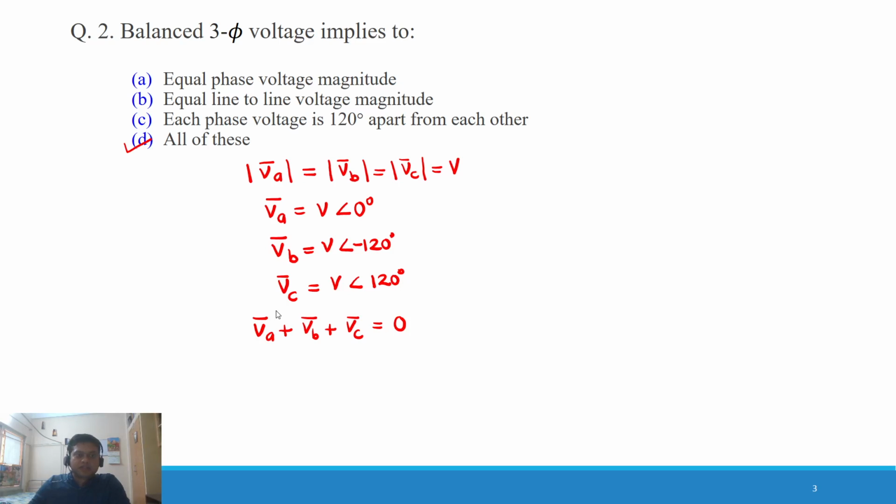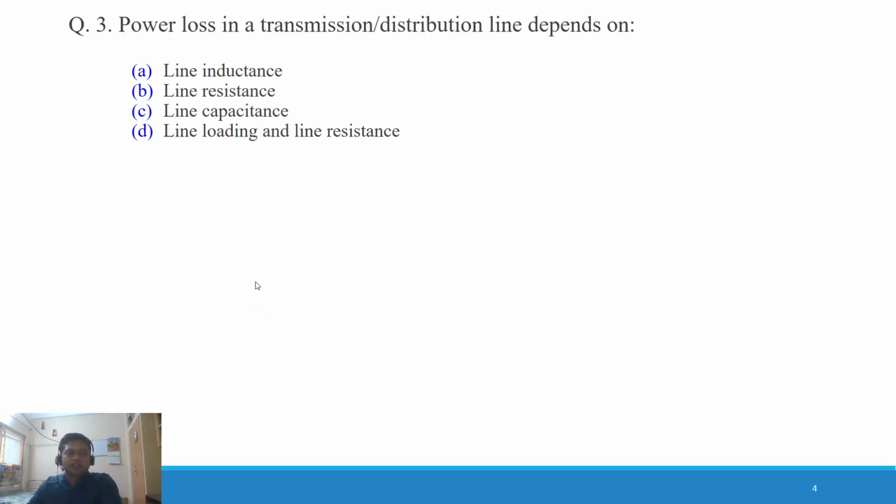So this is the second question, and now let us see the third question. Power loss in transmission or distribution line depends on: option A is inductance, line resistance, line capacitance, and D is line loading and line resistance.